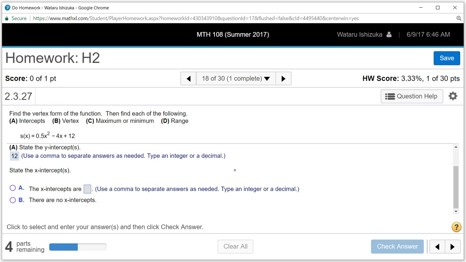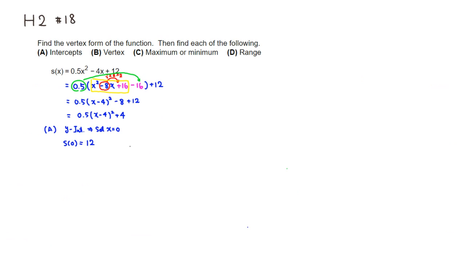Then we want to find the x-intercepts. Maybe we should look at the ballpark picture.